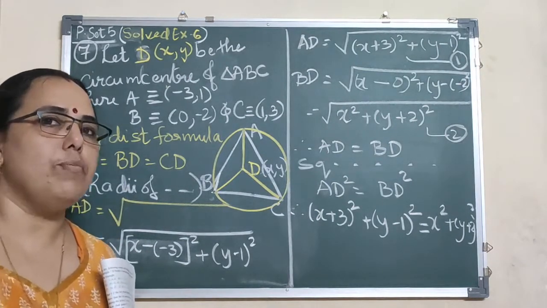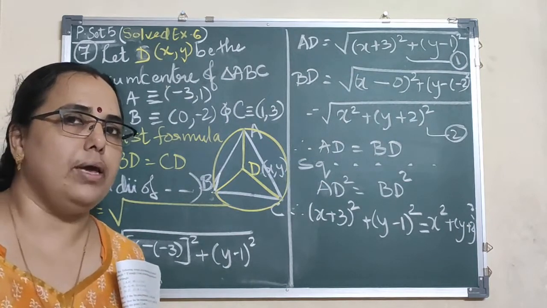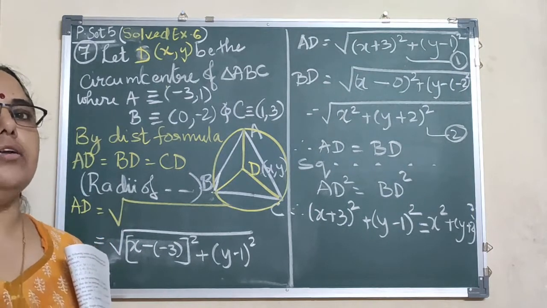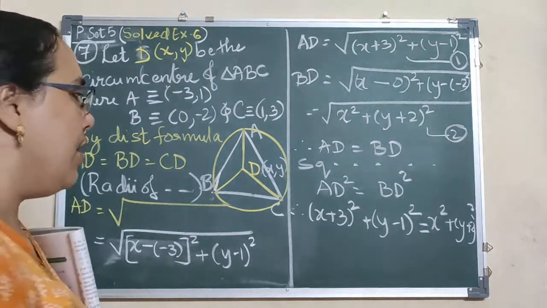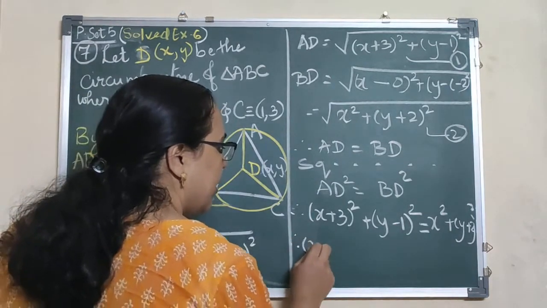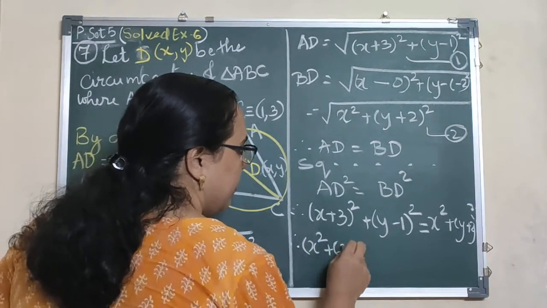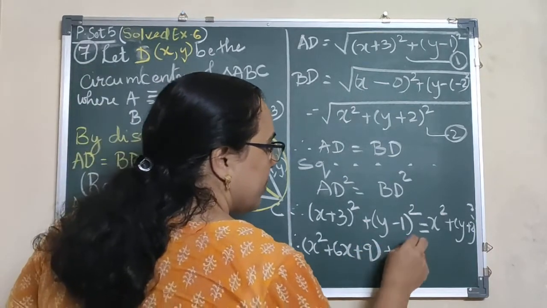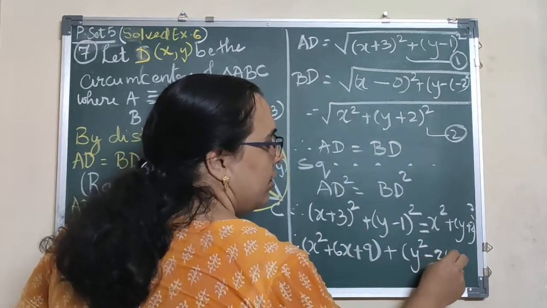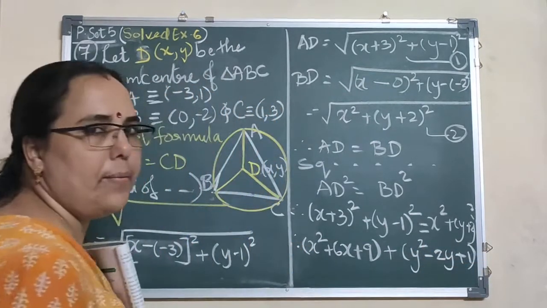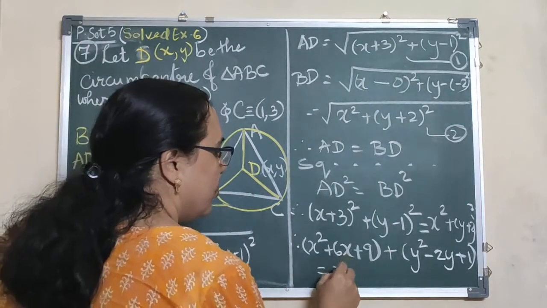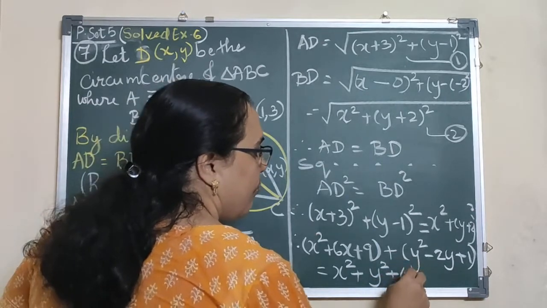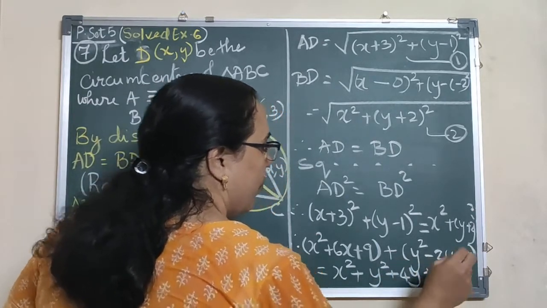The formula for a plus b the whole square is a square plus 2ab plus b square. A minus b the whole square is a square minus 2ab plus b square. So now we expand it. x square plus 6x plus 9, I hope it's quite clear, y square minus 2y plus 1 equal to x square plus y square plus 4y plus 4.